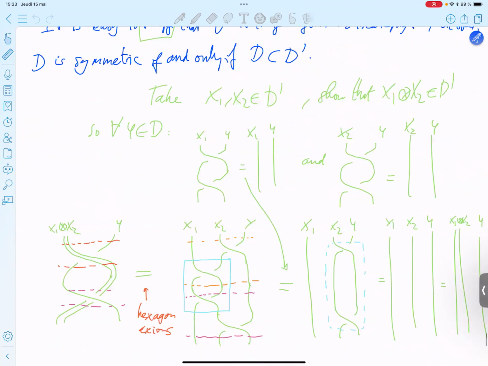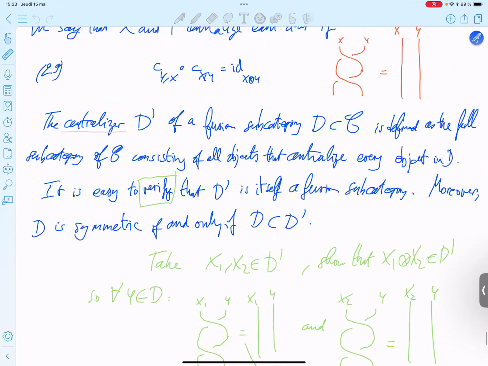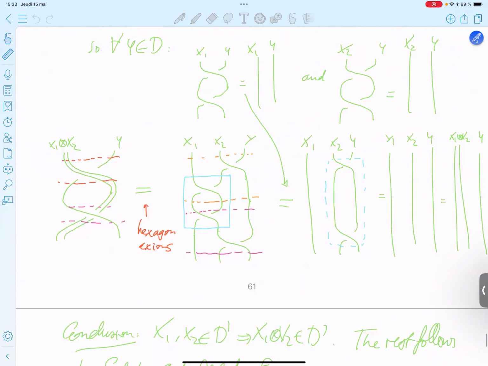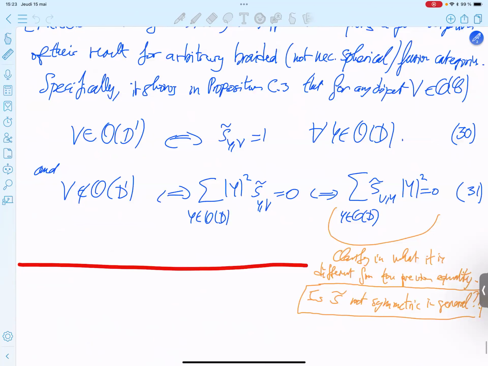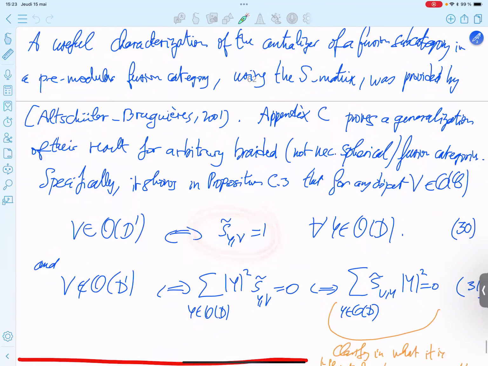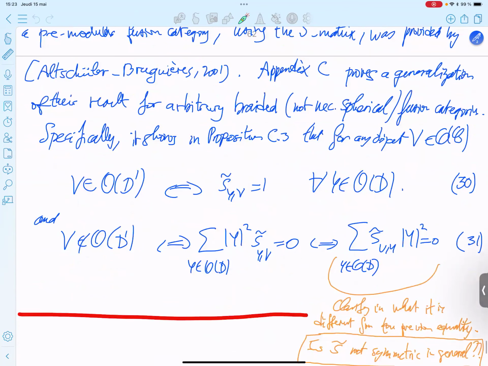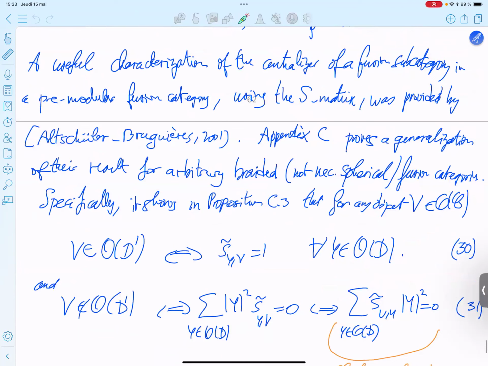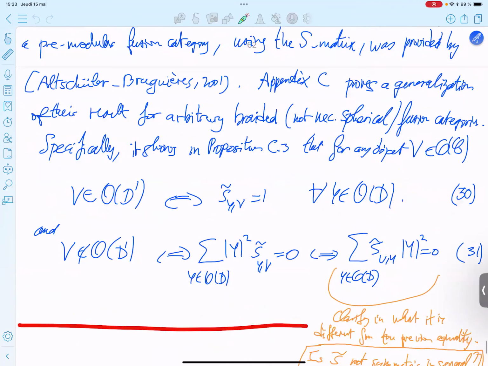So, we explained that the centralizer of a fusion subcategory is a fusion subcategory, etc. We finished with the characterization of the simple objects in the centralizer in terms of the entries of the S-tilde matrix. Remember, the S-tilde matrix is an invariant of the category. So there is a way to characterize it this way, etc.